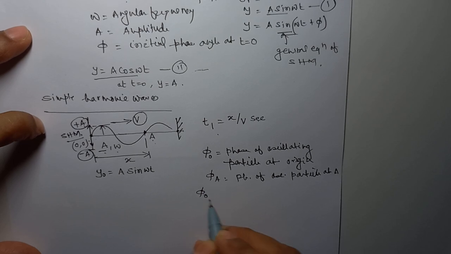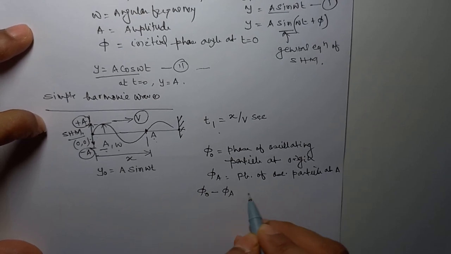So this will be phi naught minus phi A. Say this is equal to phi.